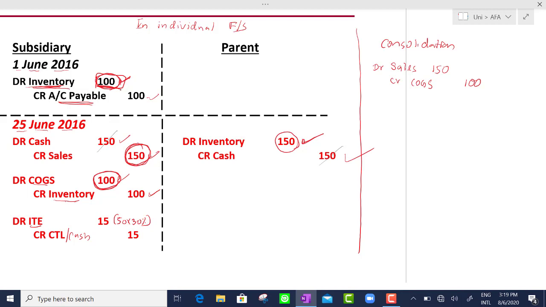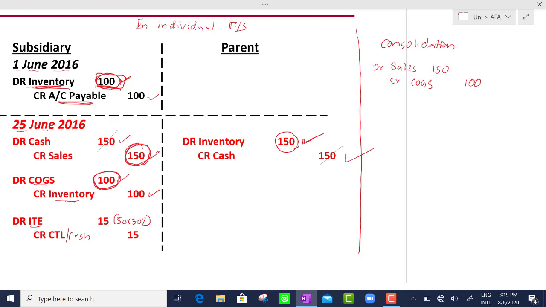ඒක realize වෙලා නැහැ. ඇයි ඒ? බාහිර කෙනෙකුට, outside party එකකට, customer කෙනෙකුට මේක විකුණලා නැහැ. ඒ නිසා මේ 50 profit එකට අපි කියනවා unrealized profit. Okay, this 50 profit is called unrealized as it has not been sold to a party outside the business.